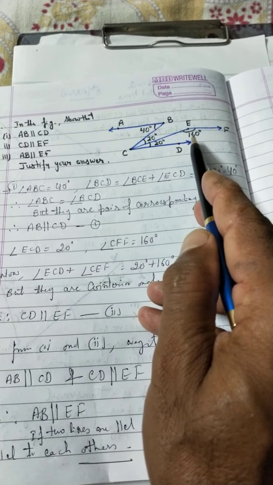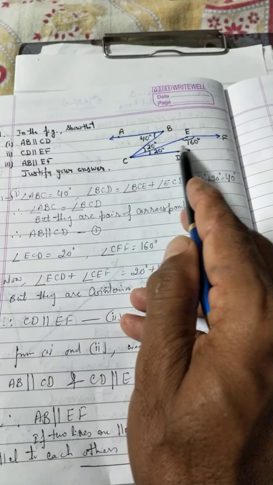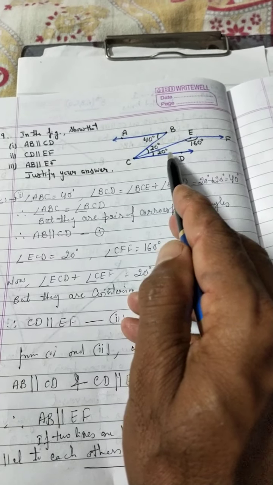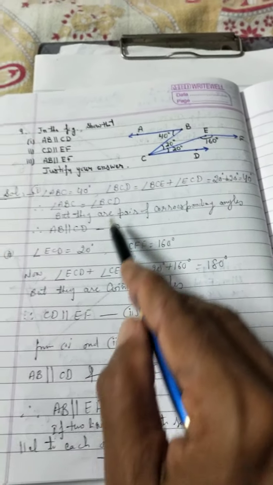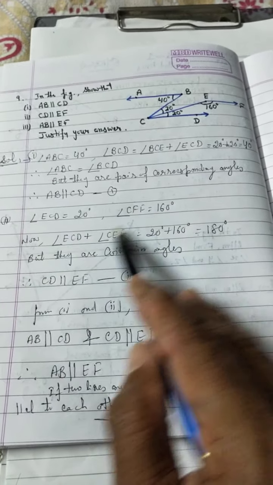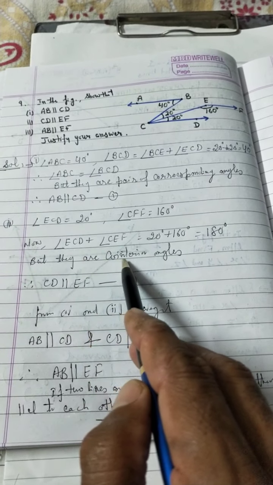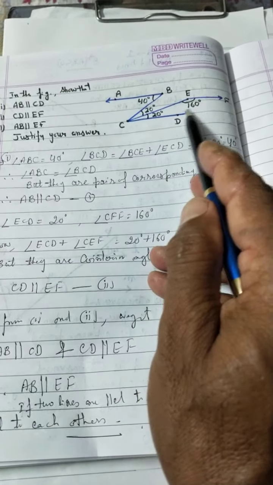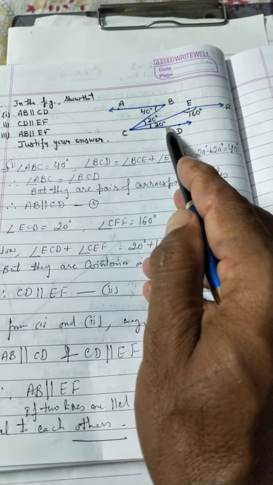If the sum of the interior angles on the same side of a transversal is supplementary, 160 plus 20 is 180, yes, their sum is 180, they form supplementary angles, then line CD is parallel to EF. So ECD plus CEF is 20 plus 160, and they are co-interior angles. These pairs of angles are also known as co-interior angles, interior angles on the same side of the transversal.